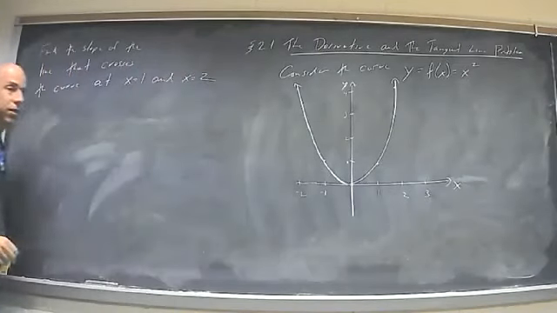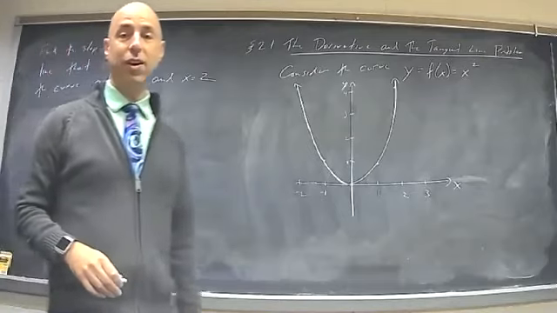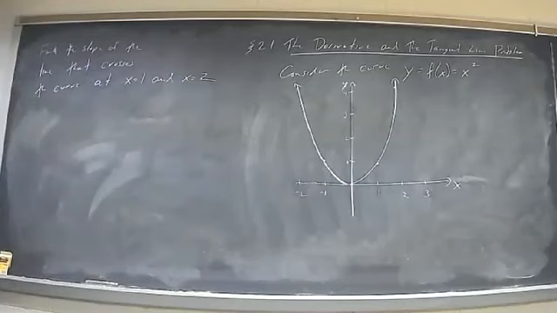Again, I'm just picking these numbers x equals 1 and x equals 2 out of thin air. Somebody has handed you this problem. Find the slope of the line which crosses the curve we have over there, at x equals 1 and x equals 2.